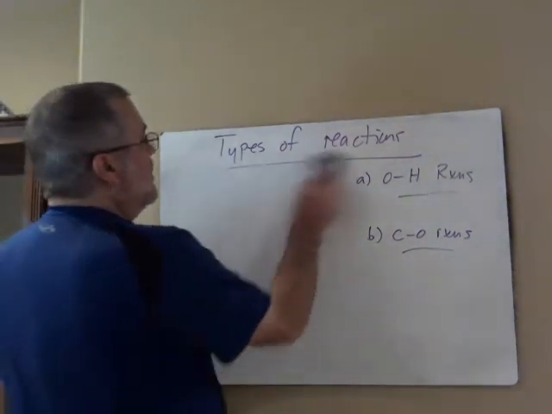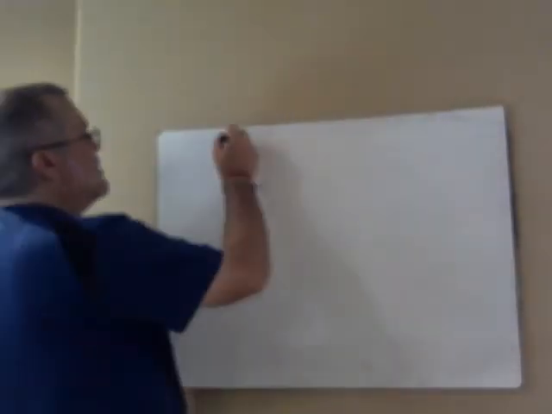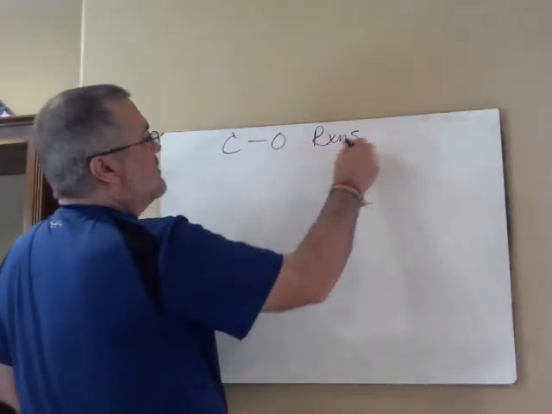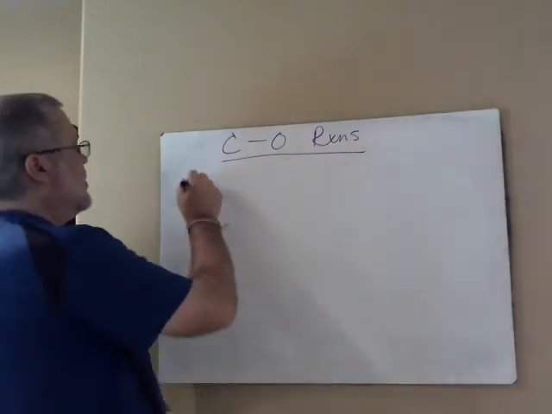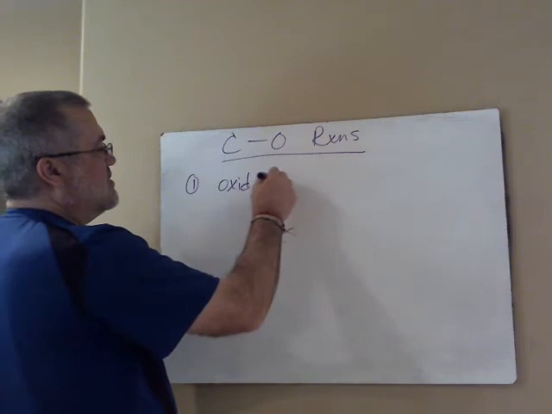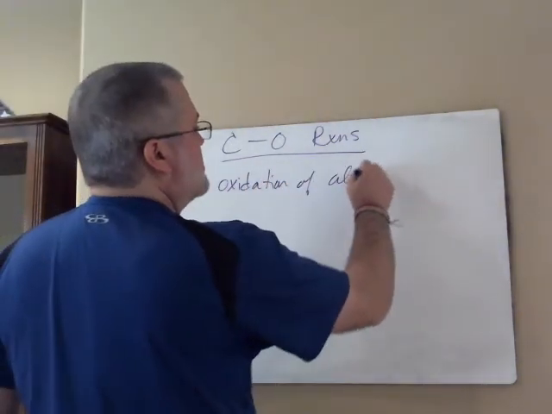Okay, so let's start by looking at the carbon to oxygen reactions, where that's the bond that breaks. And we're going to number these. The first of these we're going to talk about is oxidation of alcohols.